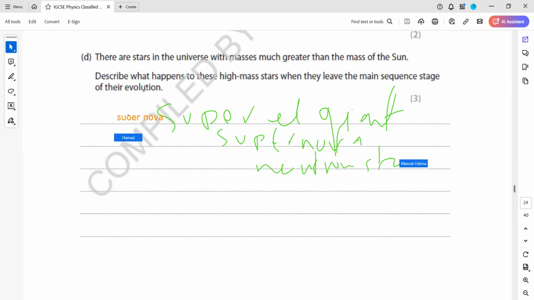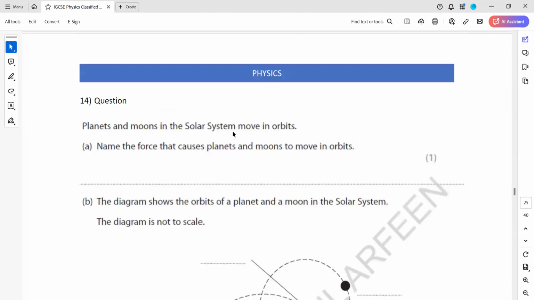And from the supernova, it leads to what? It could be a neutron star or a black hole. So you have to learn the star cycle as well.